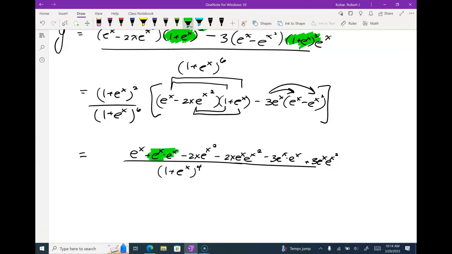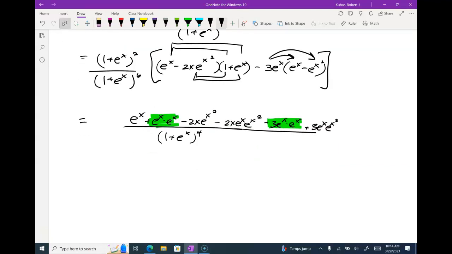So here I have an e to the x times e to the x and a minus 3 e to the x, e to the x. So there's like terms. Are there like terms anywhere else? No. Is there anything else I can factor? No. So I'm hoping I'm done with this after this line.